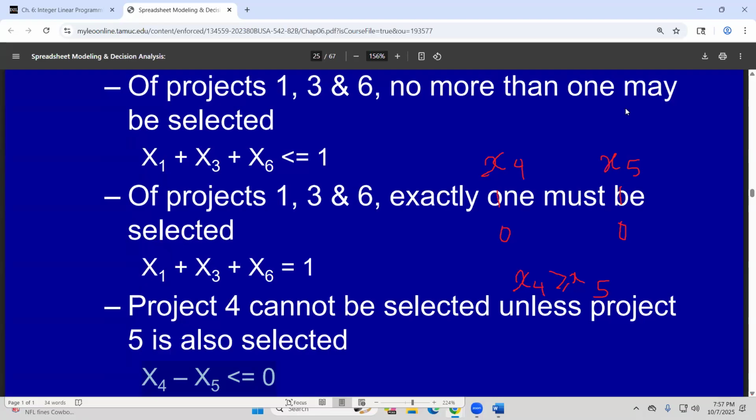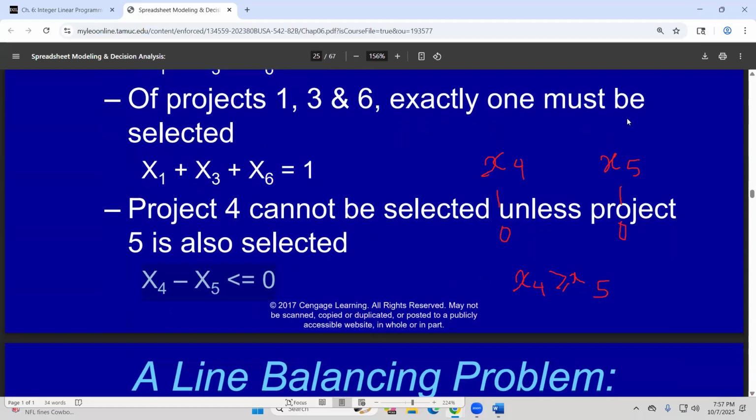So let's analyze this, okay? So when x5 is 1, I think this is wrong.